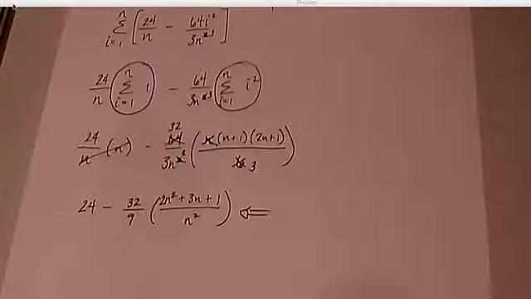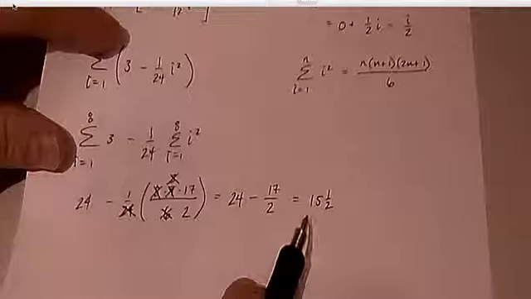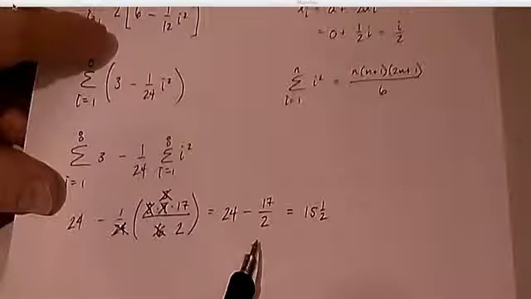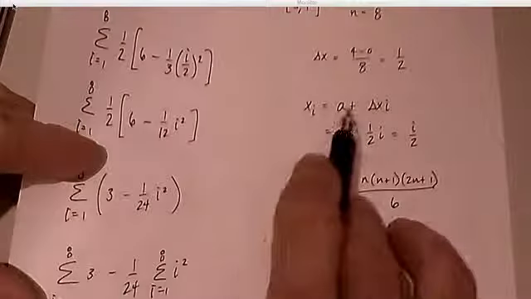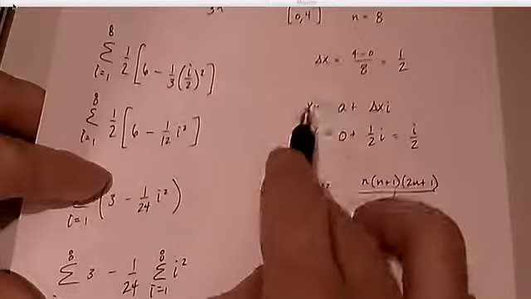Now, what do you suppose would happen if I plug in n equals 8? Well, I would get 15 and a half, because I would basically be plugging in the 8 after the fact instead of plugging in the 8 up here and having it embedded within my delta x and my x sub i.